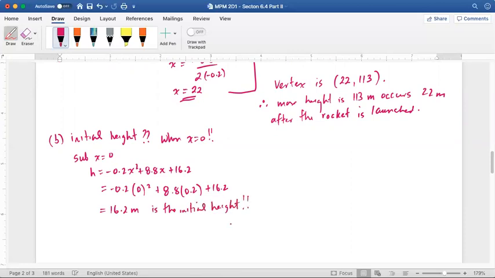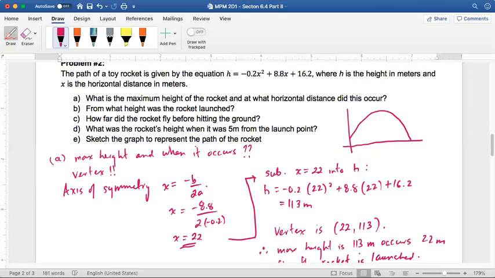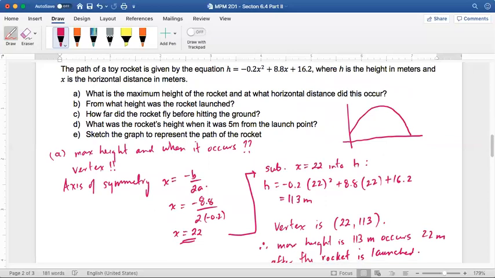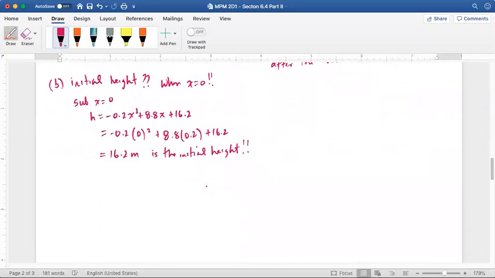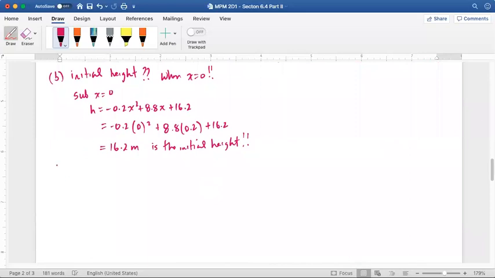Okay. Question number C asks us, how far did the rocket fly before hitting the ground? So here we essentially need to solve for x when negative 0.2x squared plus 8.8x plus 16.2 is equal to 0.